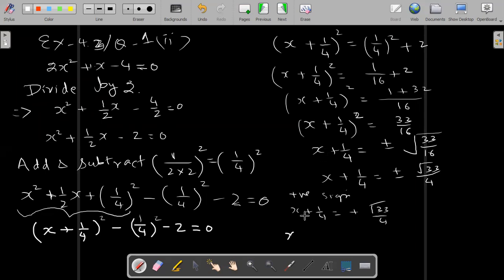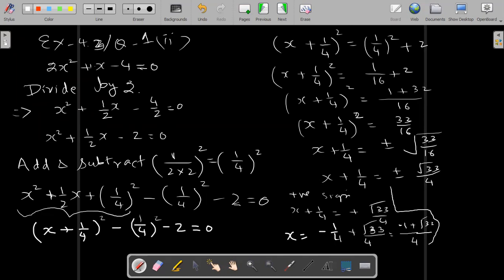So it will become x is equal to minus 1 by 4 plus under root 33 on 4, or taking LCM only, we are getting minus 1 plus under root 33 by 4 on taking the positive sign.